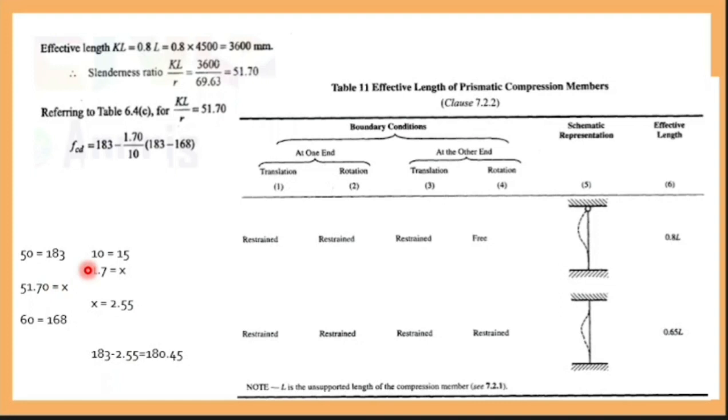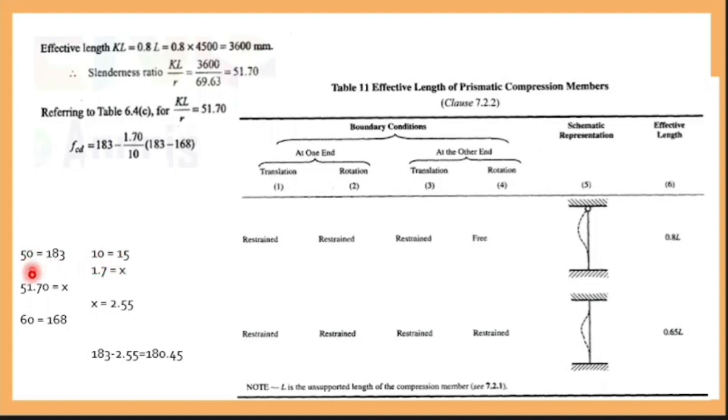There are many techniques to do this. One technique: what is the difference between 50 and 60? The difference is 10. The difference between 183 and 168 is 15, if you subtract 183 minus 168.